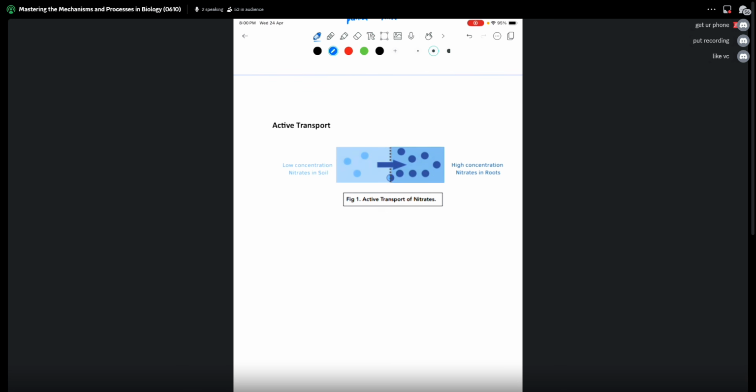So I write the definition down: movement of particles from a lower concentration gradient to the higher concentration gradient, or, if you know the concept, against the concentration gradient. So I would say against the concentration gradient.